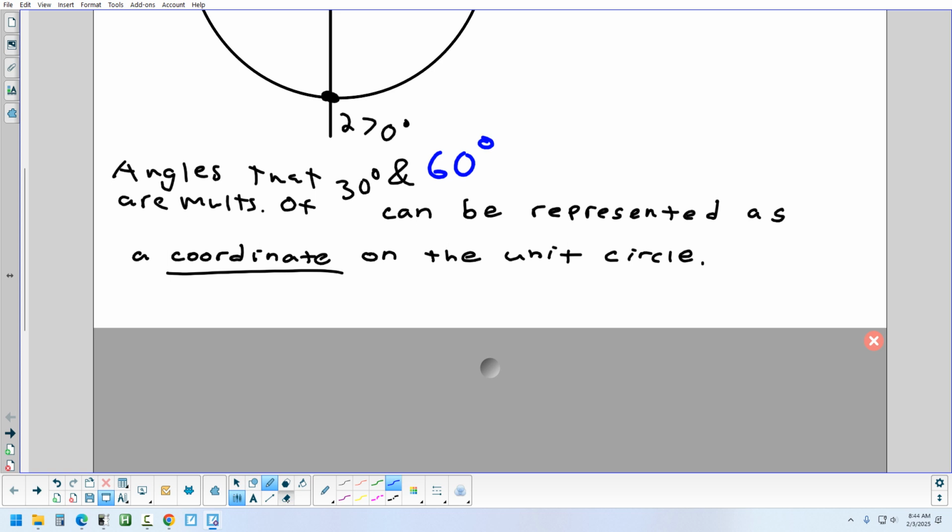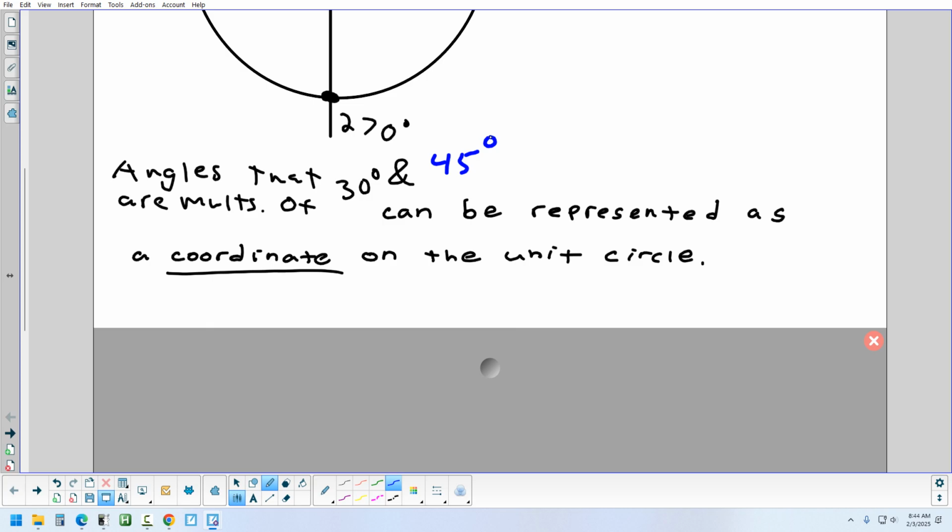And actually, you know what? I'm going to fix that. Because if you're a multiple of 60, you're automatically a multiple of 30. It's kind of a repeat. So I'm going to say it like that because that's more accurate. Angles that are multiples of 30 and 45 can be represented as coordinates on the circle.